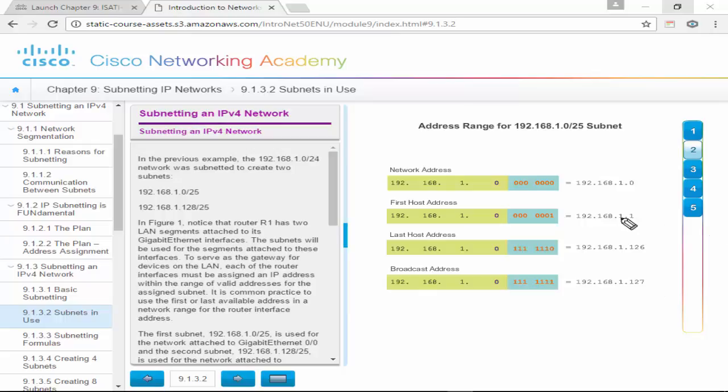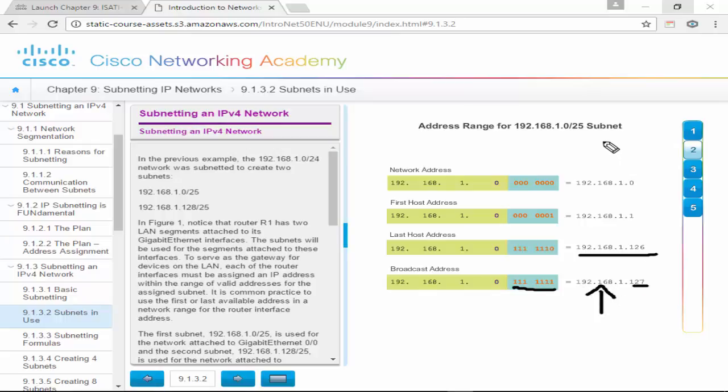This would be on any network. It's going to show us the first usable host of 1.1. Then our last host address is going to be all 1s except for the last bit, so our last assignable address is 192.168.1.126. Then putting all 1s in the host bits, it would show us 127, and this is our broadcast.